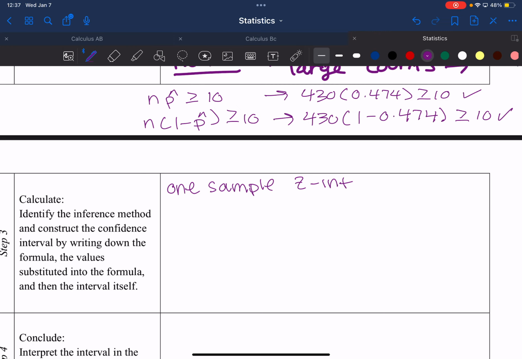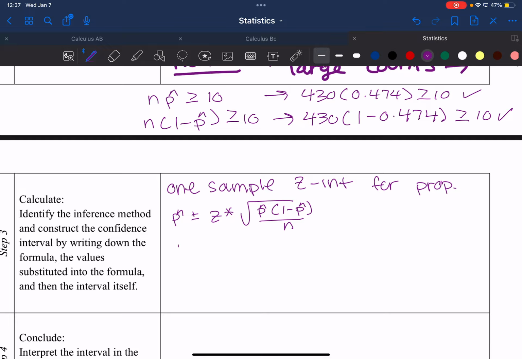Z interval for proportions. You need to write that out. That's 1 point. The next point you get is to actually write the formula. So that's p hat plus or minus z star times the square root of p hat times 1 minus p hat over n. That's another point.